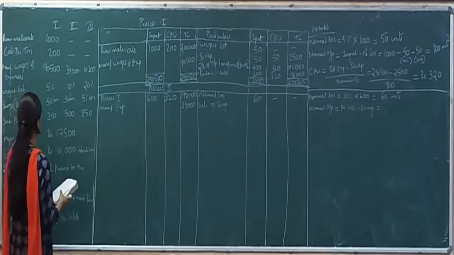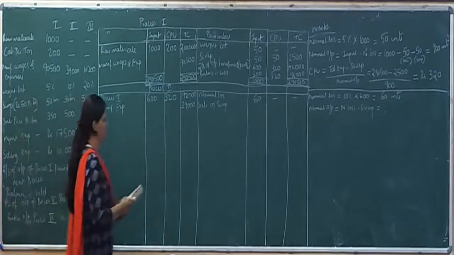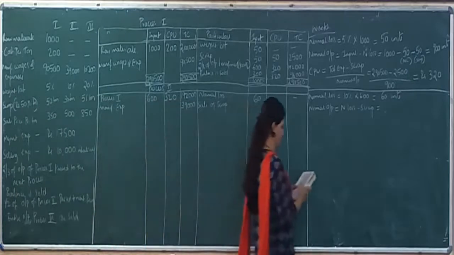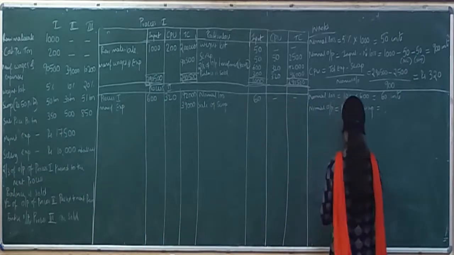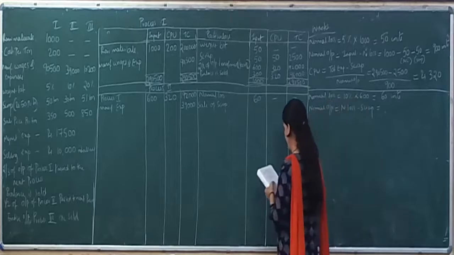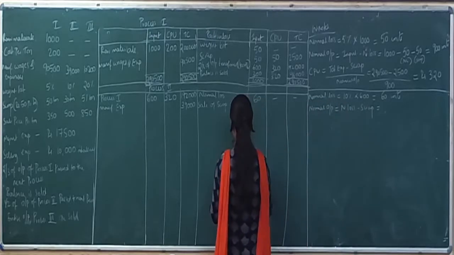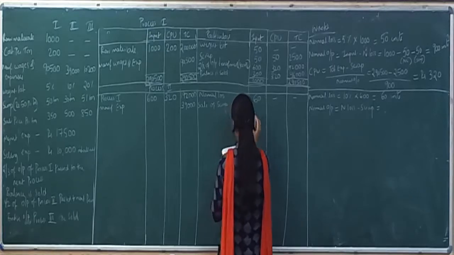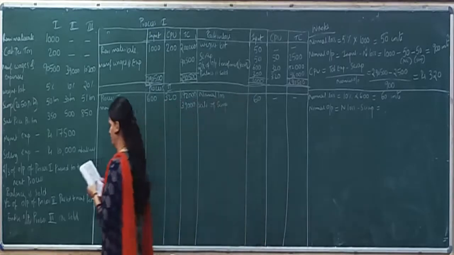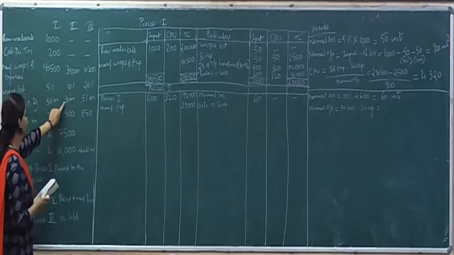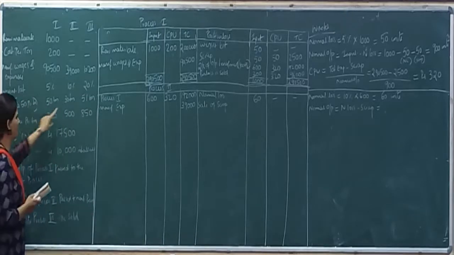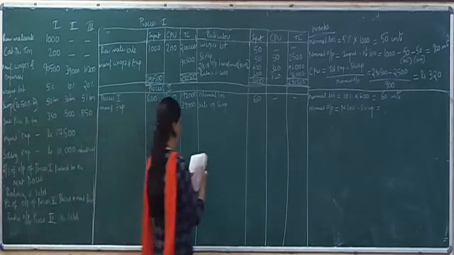Scrap is 50 per ton. So here we can write 30 tons for rupees 50.